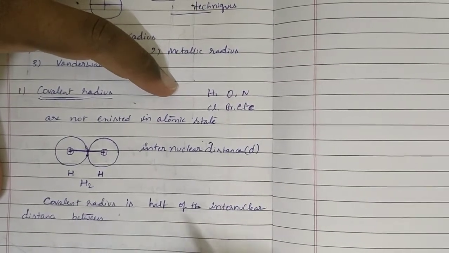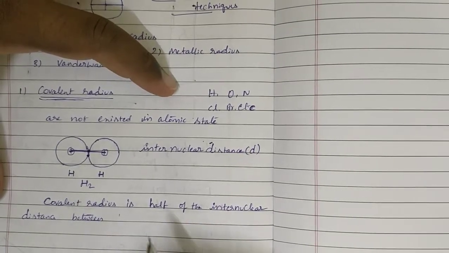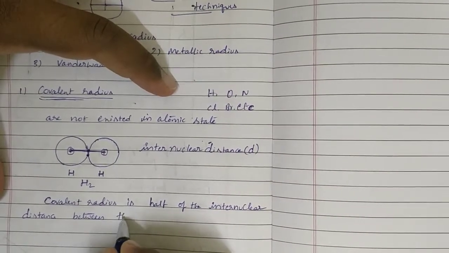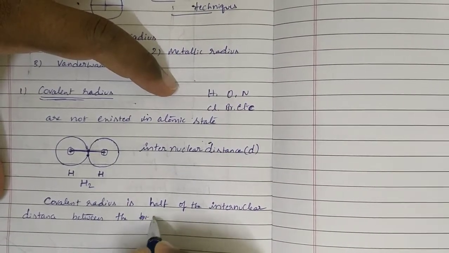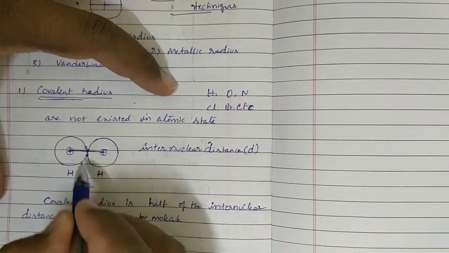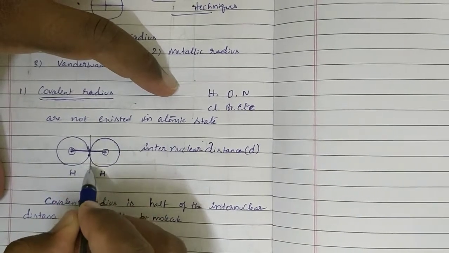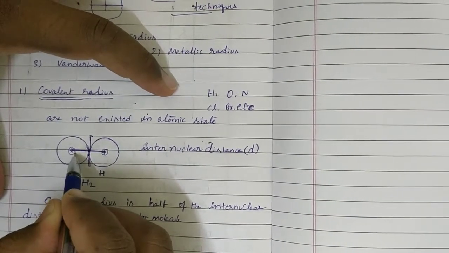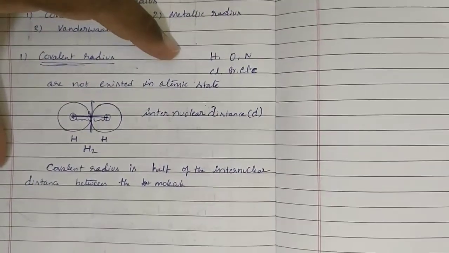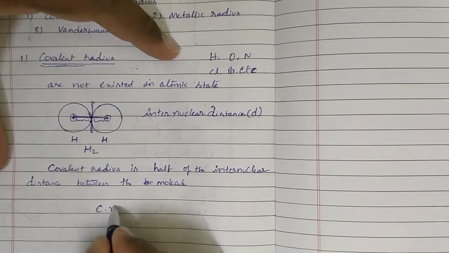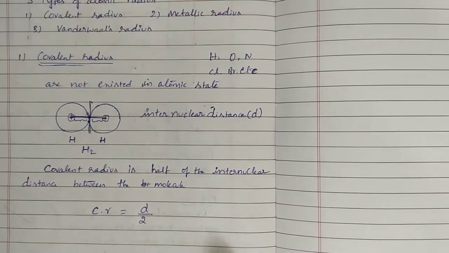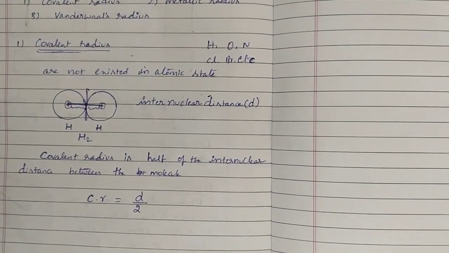Covalent radius is defined as half of the internuclear distance between the molecule. See, half correctly. This is called covalent radius R. This is also covalent radius R. So covalent radius CR is equal to d by 2. Covalent radius is equal to d by 2.